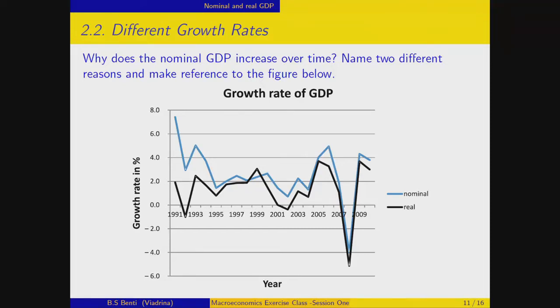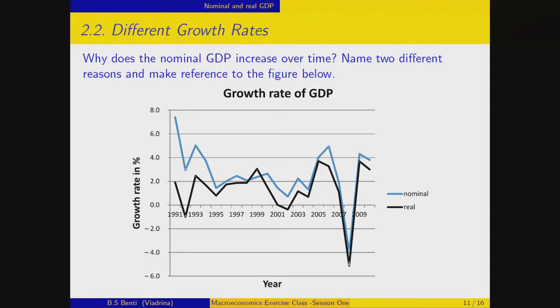The black line represents the real GDP growth rate. On the y-axis, you have the growth rate in percentage, and on the x-axis, you have the year or the time period. As you can see, nominal GDP is a bit higher than the real GDP.